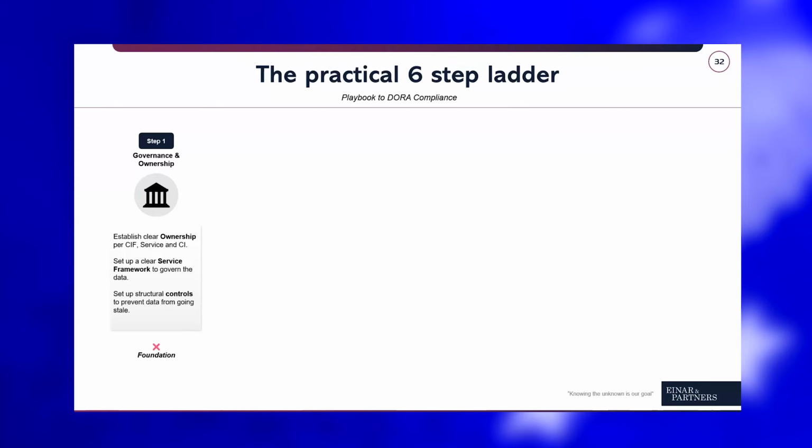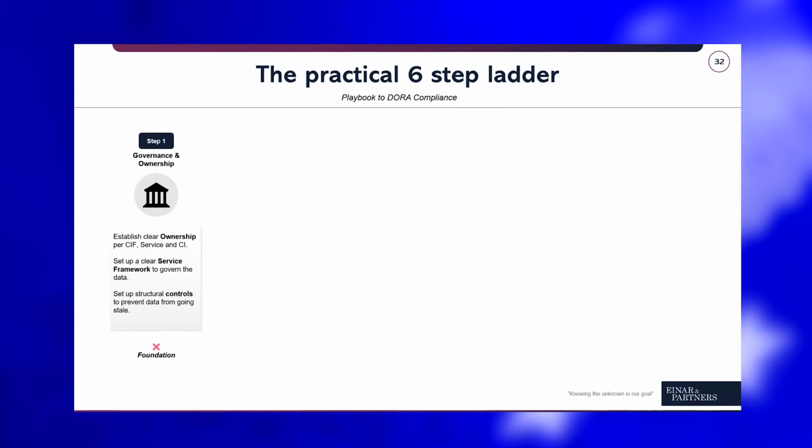And as one of our participants already mentioned, we would like to talk a bit more about data verification, data attestation. That's where this comes in, and it's very important to set that up properly as well. You should have a periodic review of your critical important functions.